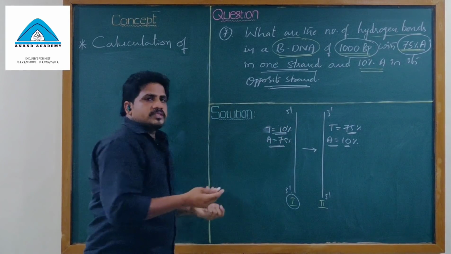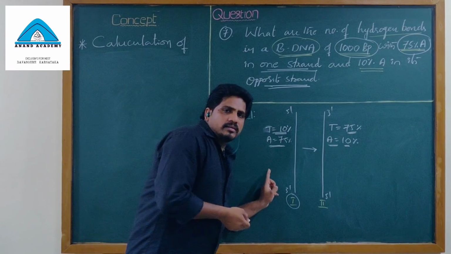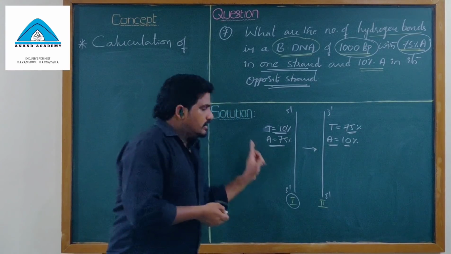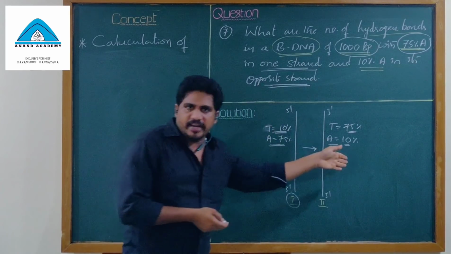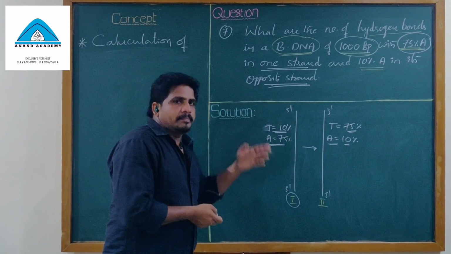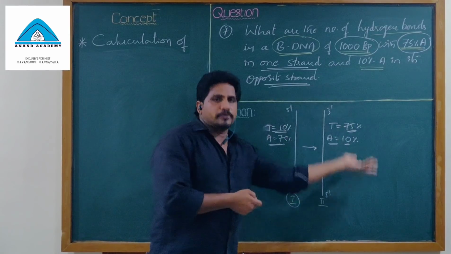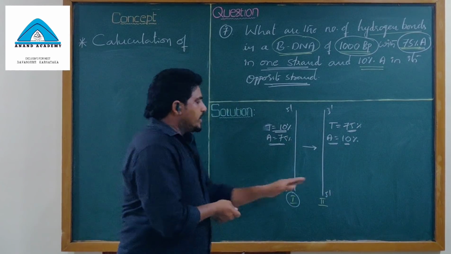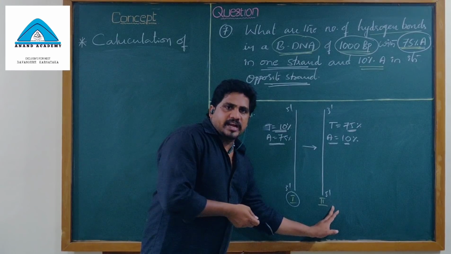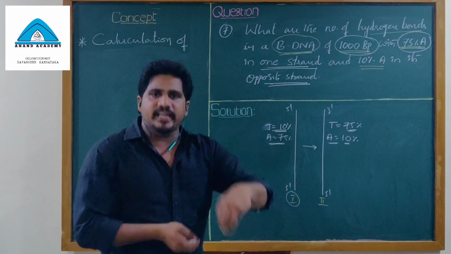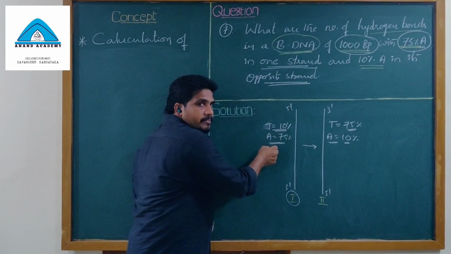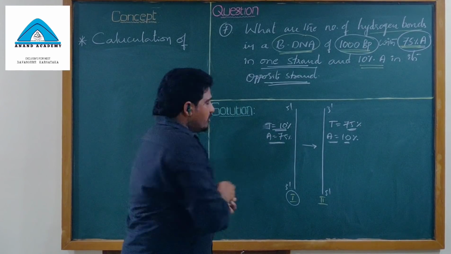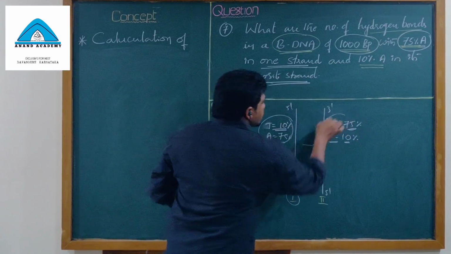No need to confuse. Simple. So here one nitrogen base residue data was given, that is A. A is pairing with the T present in its opposite strand. So 75% of A is pairing with 75% of T in the opposite strand. In the same way, the 10% of adenine in the second strand is pairing with the 10% of T, not in the same strand, in the opposite strand. So by using this technique, we got two nitrogen bases' data.